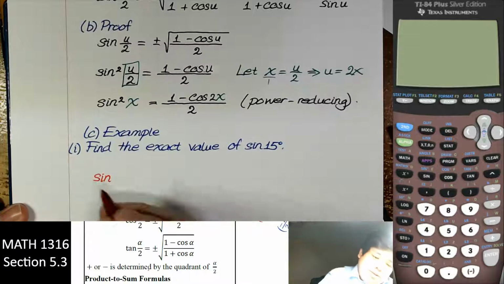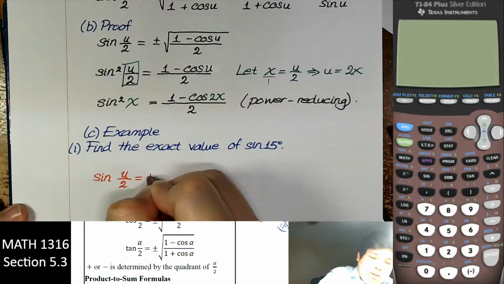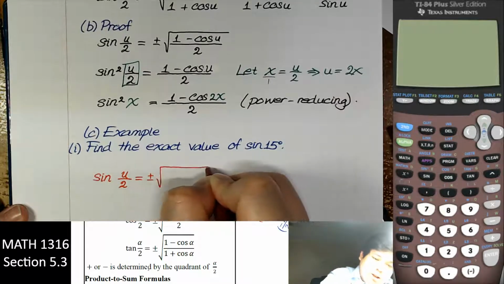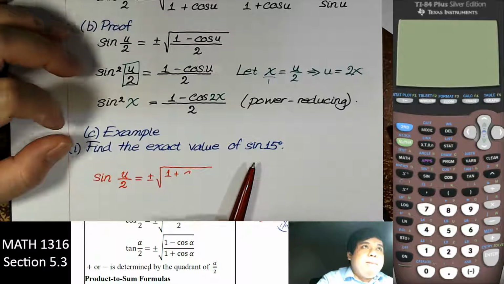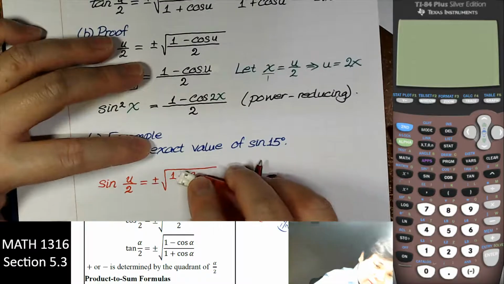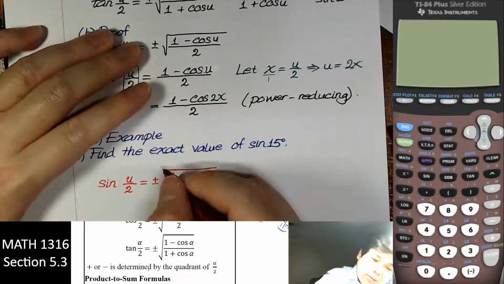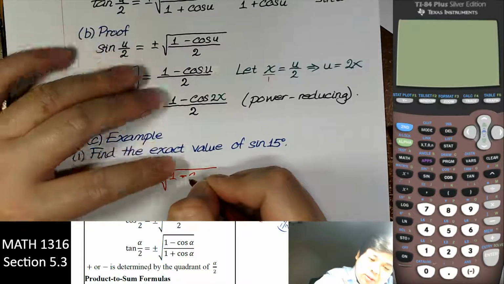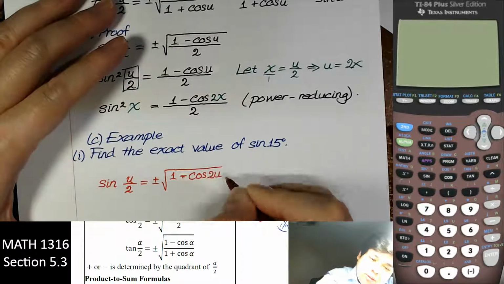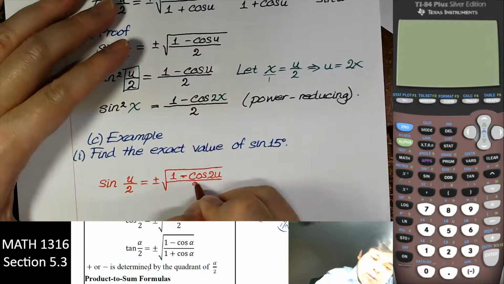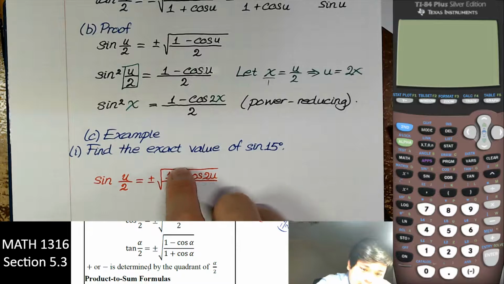Half angle, half of an angle, plus or minus square root of 1 plus, for the sine this is minus, 1 minus cosine of 2u over 2. Right. That's half of the angle.